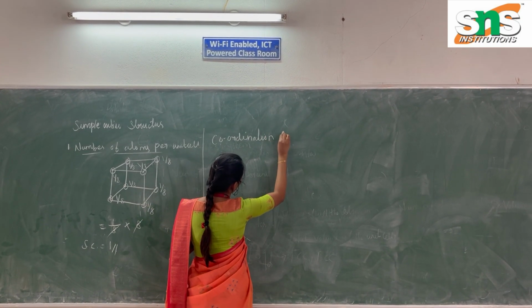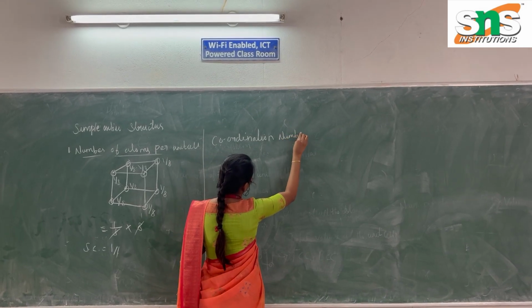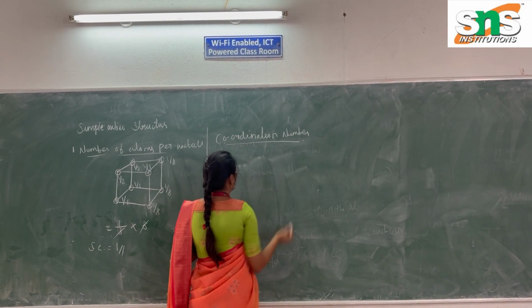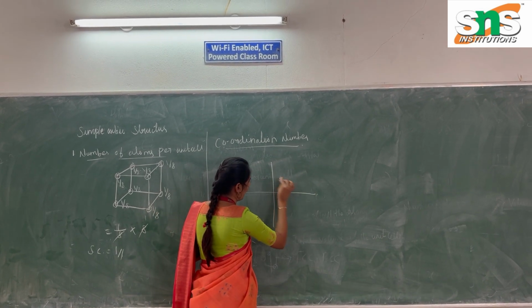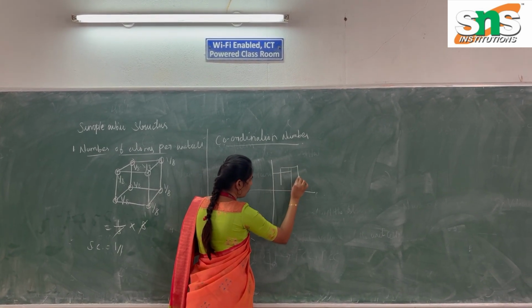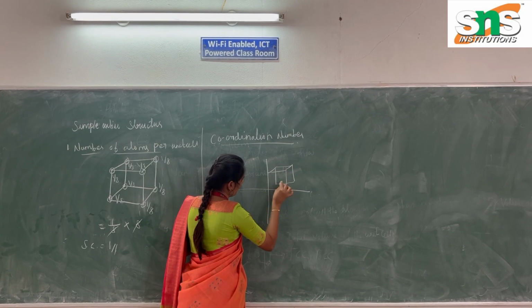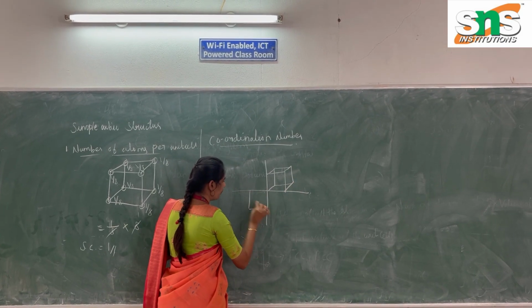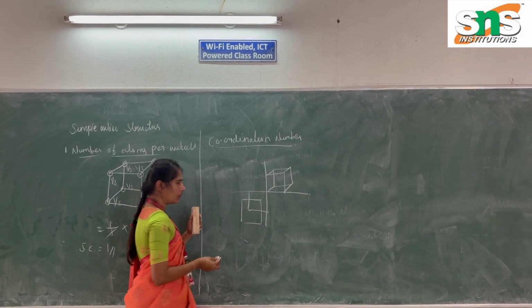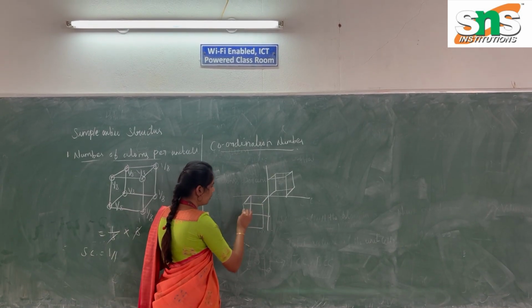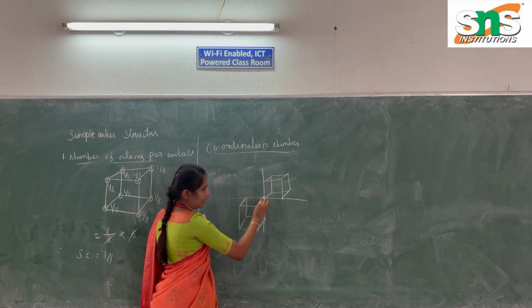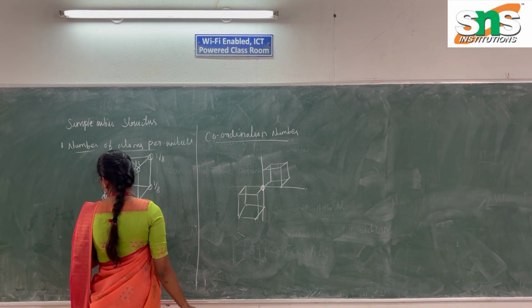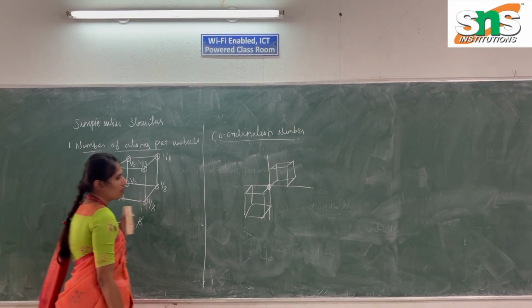Coordination number. In this case, coordination number is nothing but the nearest neighboring atoms. So consider a simple cubic structure. Consider this central atom. We are calculating the nearest neighboring atoms.